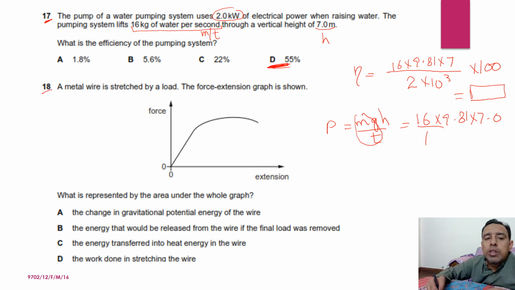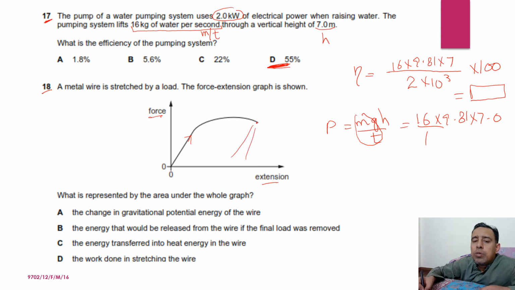Moving towards question number 18. In this question, this is a force extension graph, and you know that the area under this graph is equal to the energy. Initially, the graph is going to start from the origin. It means there is a force acting on the body to stretch it, and the graph comes to this point.